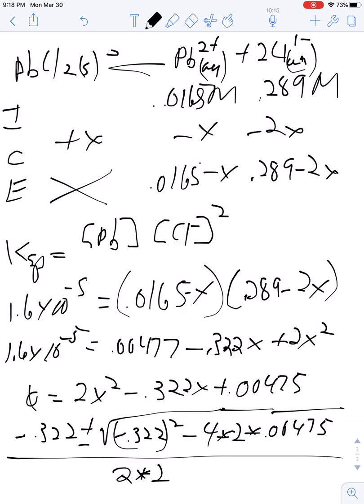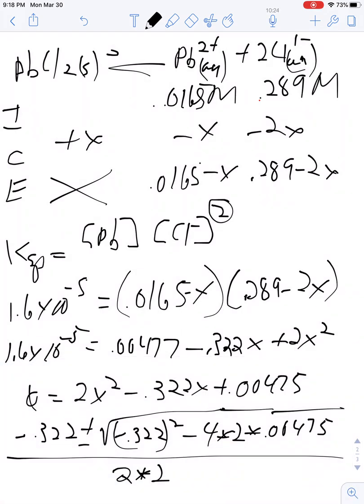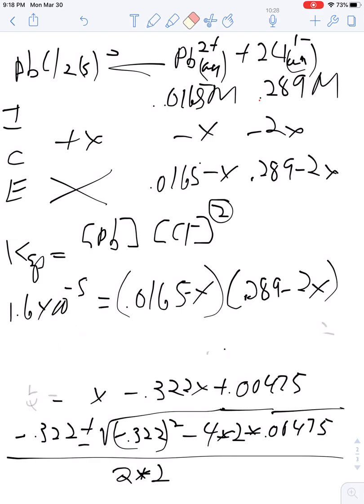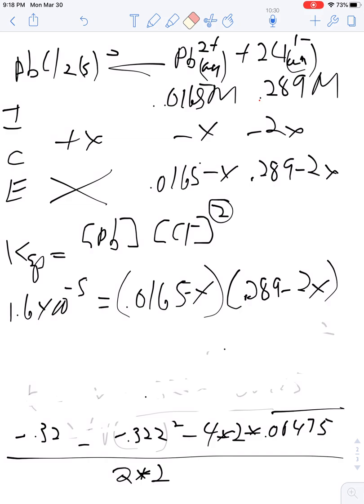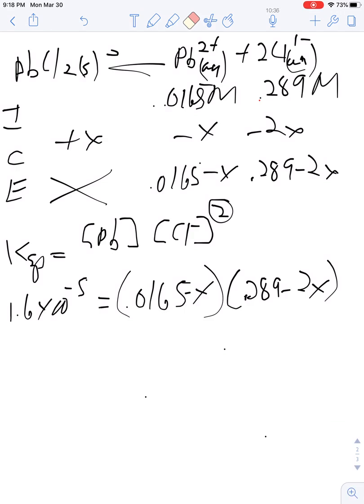Oh, guess what I forgot to do, guys? I forgot to square. So, way to go, Mr. Strauss. Here I told you guys not to forget to square, and I forgot to square. So 1.6 times 10 to the negative fifth.